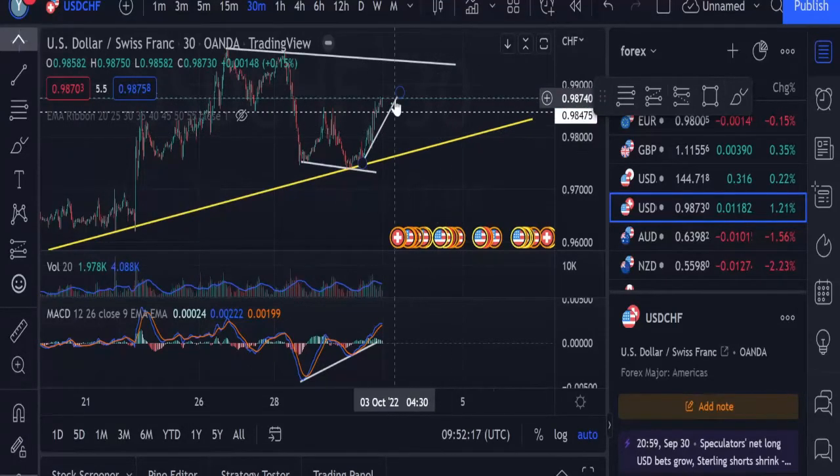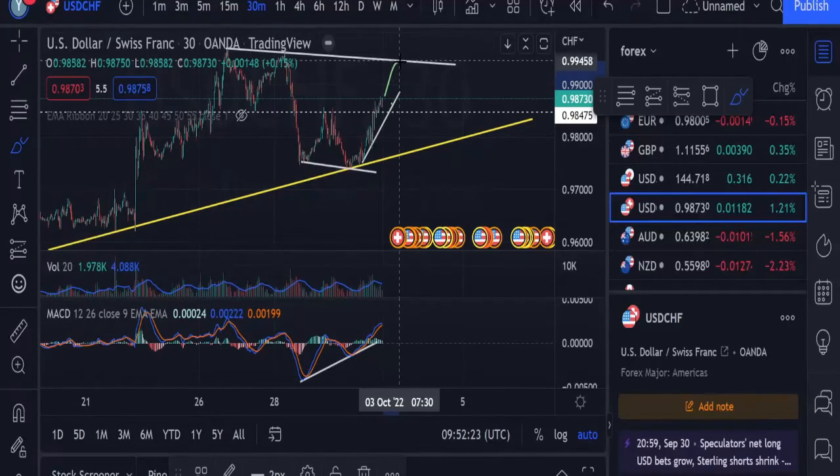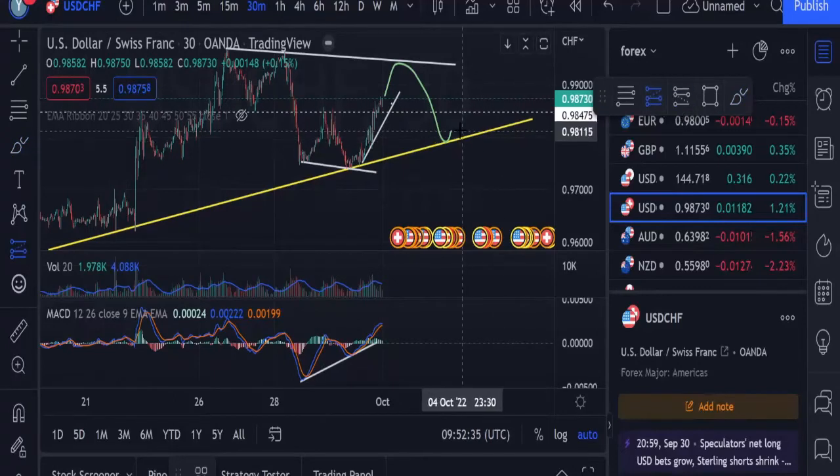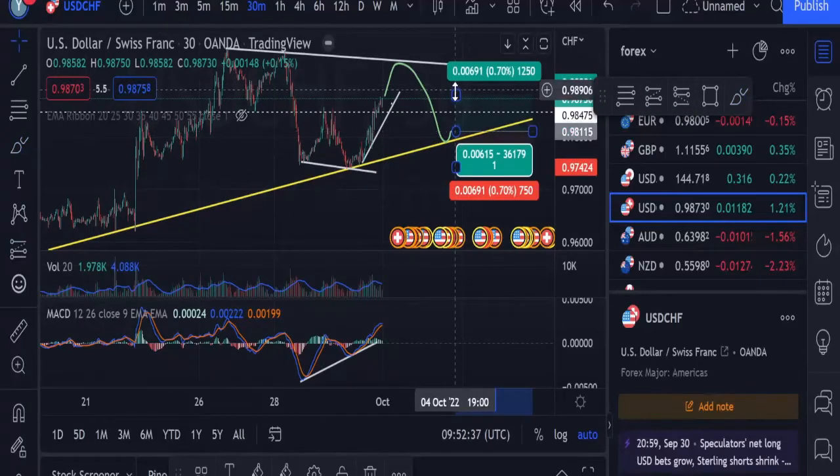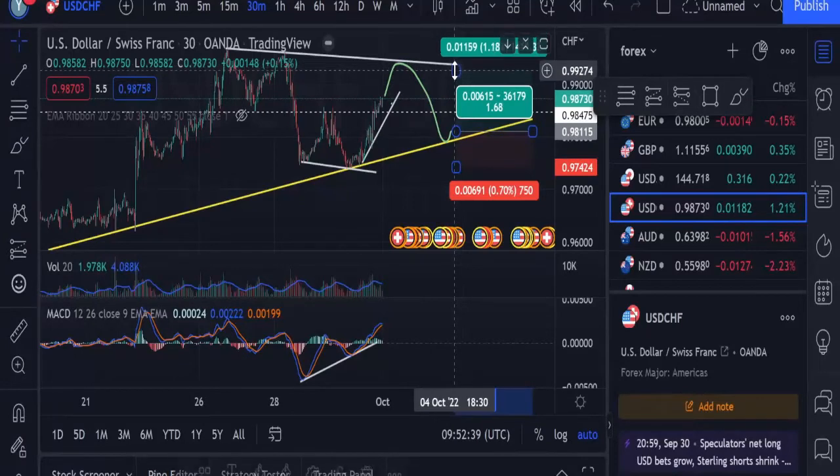Maybe something like this, most likely. No one can predict the market, but you just have to anticipate what is most likely to happen. If we get something like this, that way also you will get an easy long, right? Very easy, below the structure.